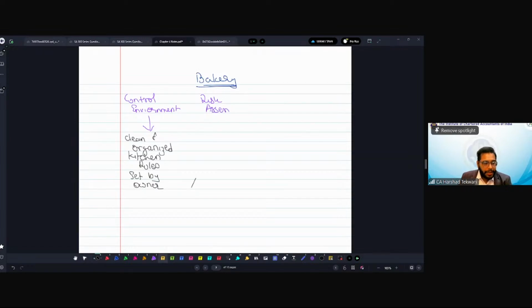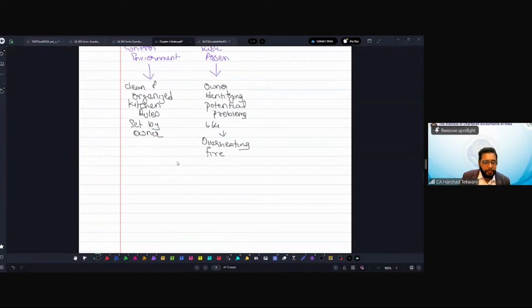Over there, risk assessment is the owner identifying potential problems, like you can say overheating of the bakery, fire in the bakery, spoilage or spoiling of items or raw material basically, some pest issue could be there.